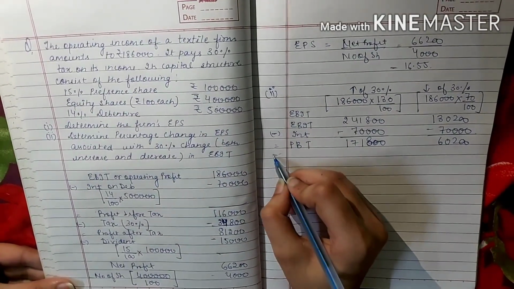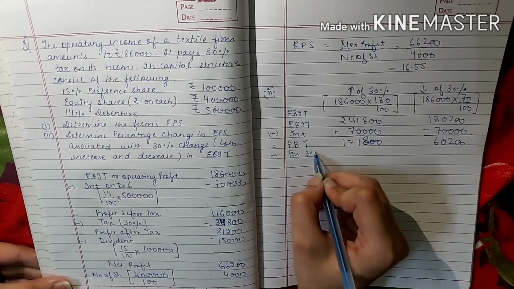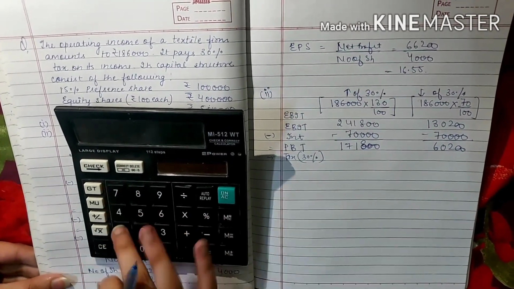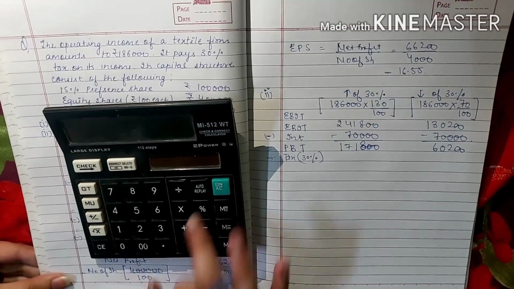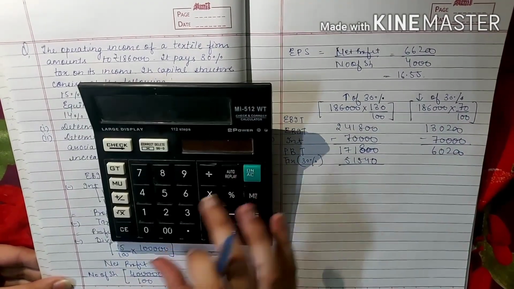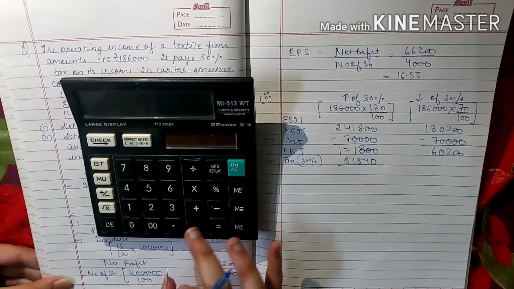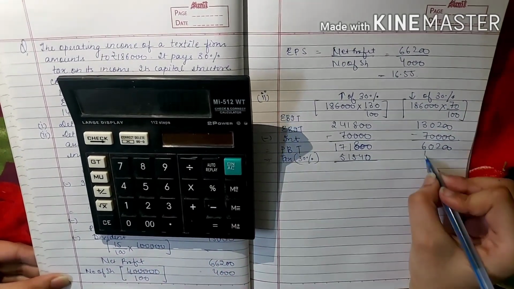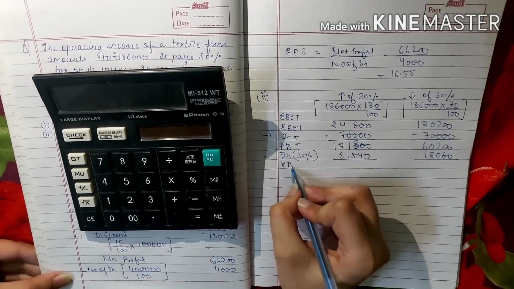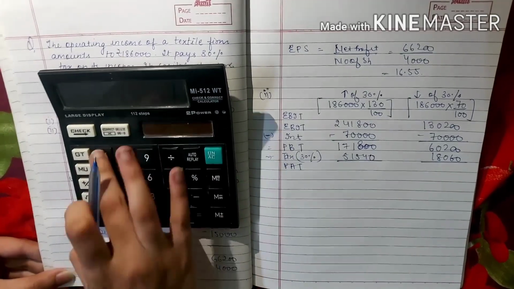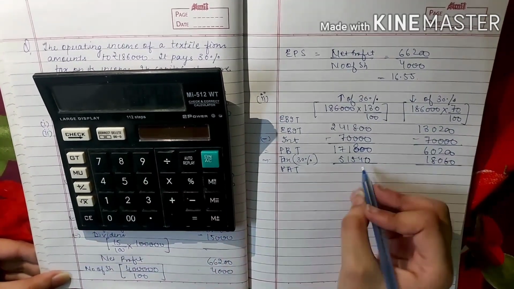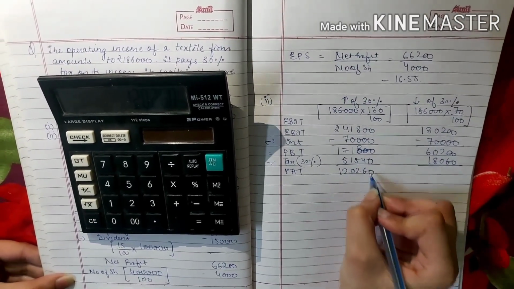Now subtract tax, which is 30%. So 171,800 into 30%, 51,540. And second case, 60,200 into 30%, 18,060. So profit after tax in the first case will be 171,800 minus 51,540, 120,260.